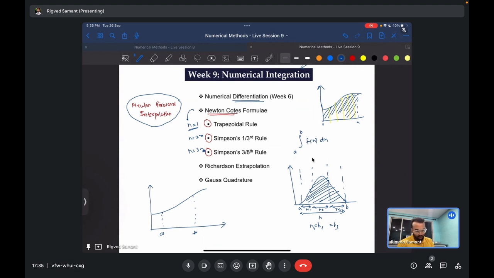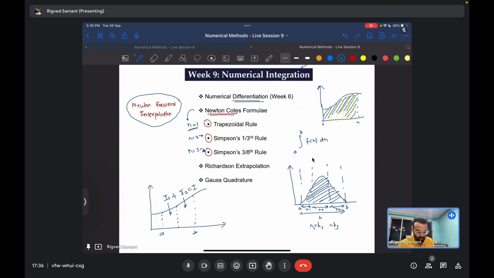Whereas you can always use the trapezoidal rule twice by considering one more interval like this. You first implement the trapezoidal rule here and get I1. Again you implement the trapezoidal rule in this region and get I2, and then add them up to get the final integral value.